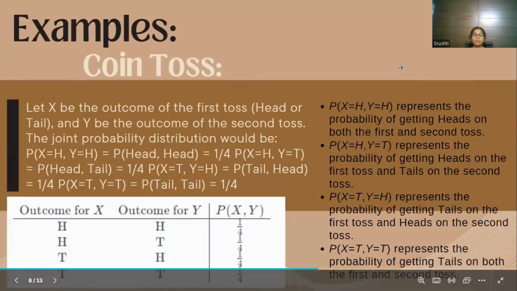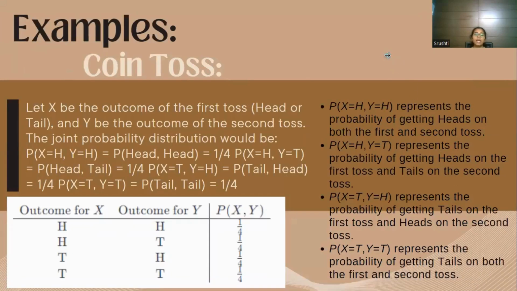Let's see the second example. Coin toss. Let X be the outcome of the first toss, head or tail, and Y be the outcome of the second toss. The joint probability distribution would be P of X equals H and Y equals H, which is P of head, comma head, equals 1 by 4. P of X equals H and Y equals T, which is P of head, comma tail, equals 1 by 4.